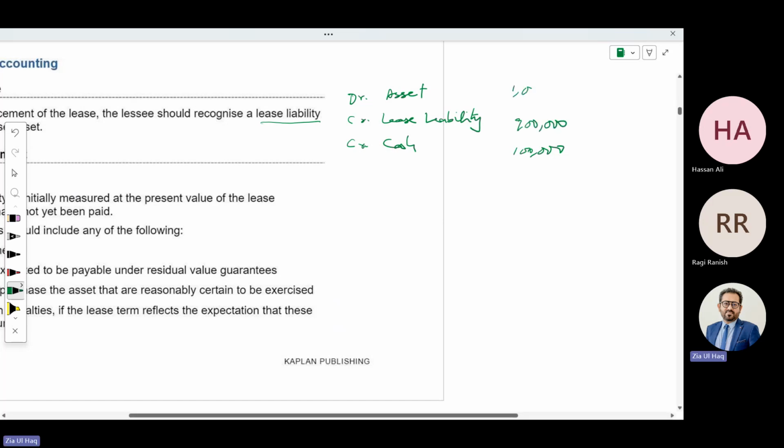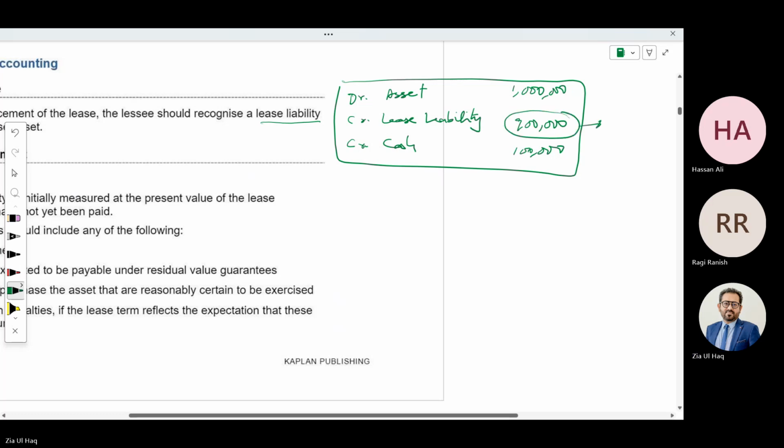But this is not that much simple, because this lease liability amount you need to calculate using a present value method. How? We're gonna discuss later. The simple accounting entry is asset debit, lease liability credit, and cash credit, whatever you have paid in advance.